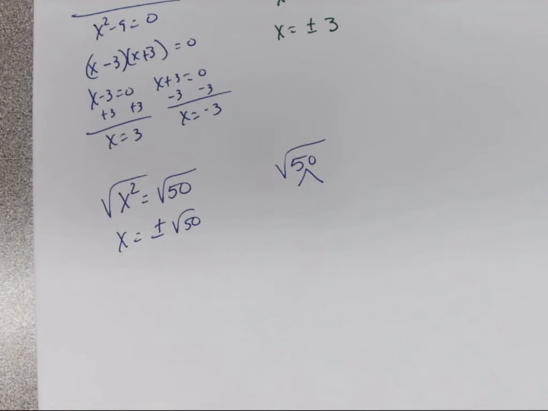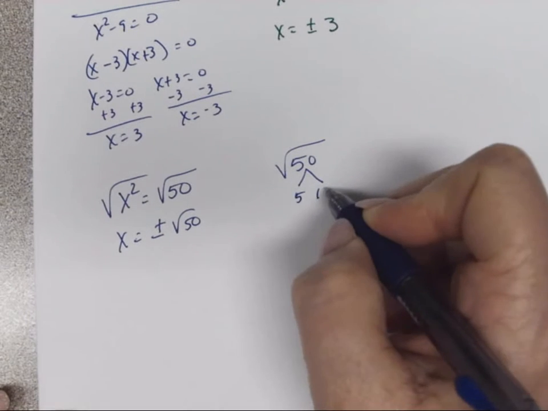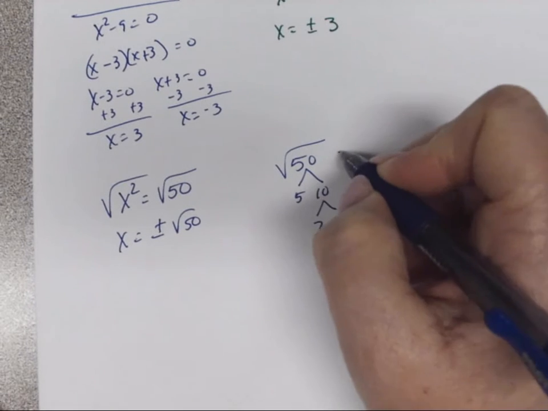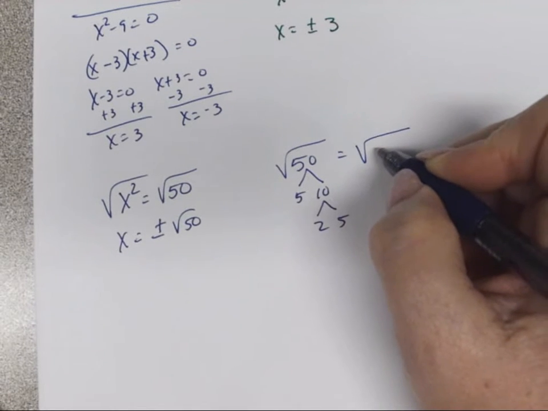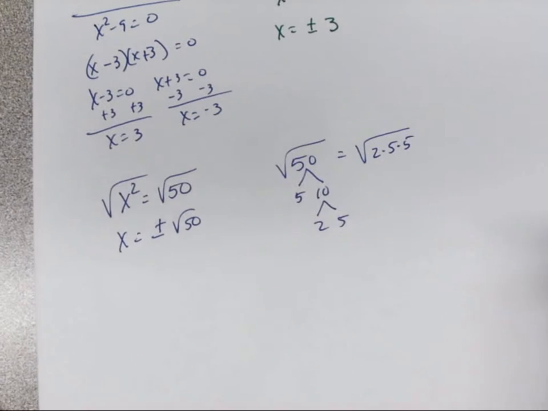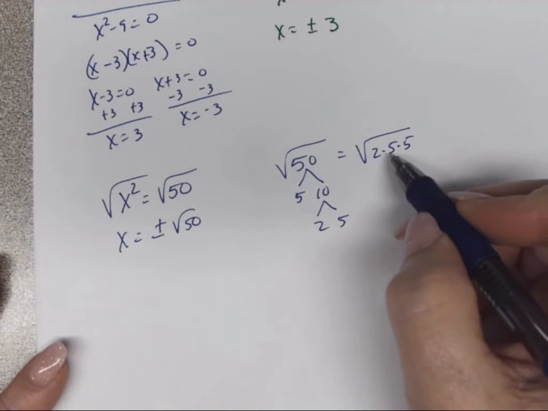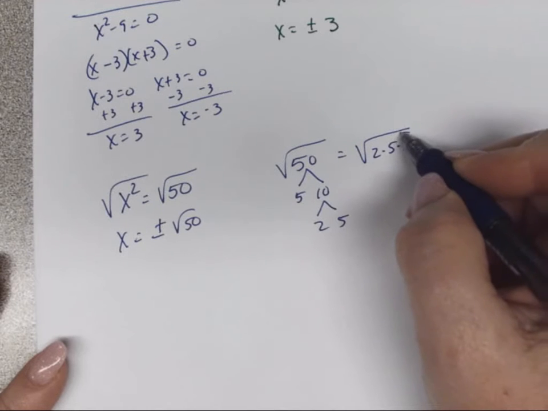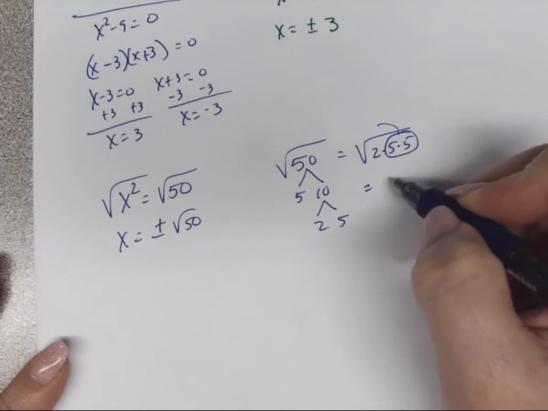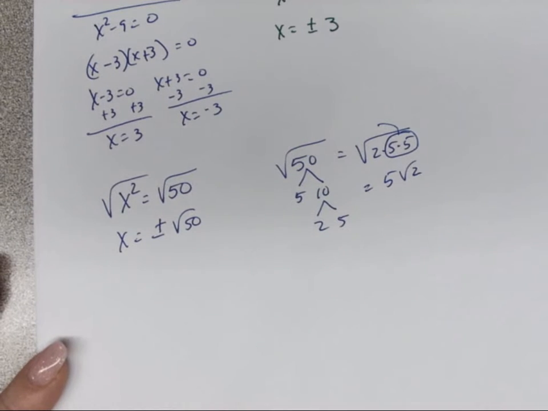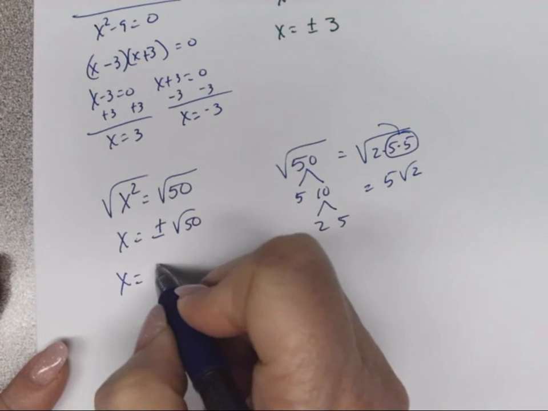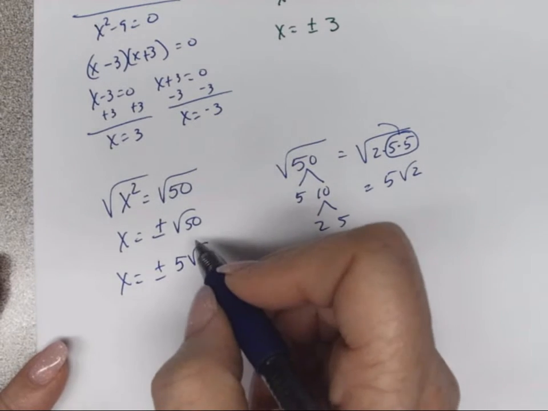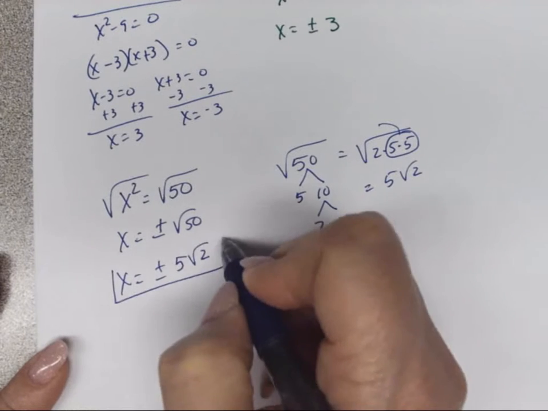You can pick 2 times 25 or you can do 5 times 10. 10 is going to be 2 times 5. So I end up with the square root of 2 times 5 times 5. We're going to take a group of 2 because we have an index of 2 on our square root. Pull that out. We end up with 5 square roots of 2. So x is equal to plus or minus 5 square roots of 2. And that would be our answer.